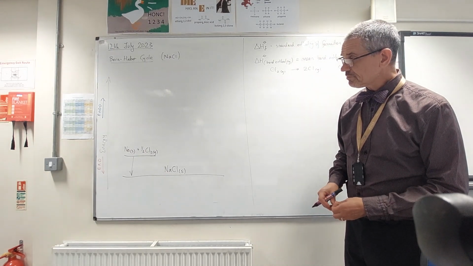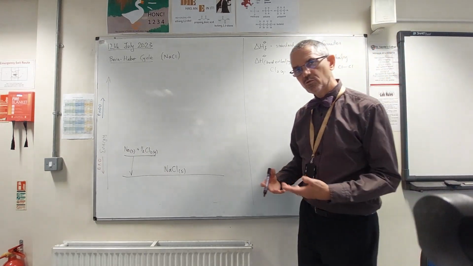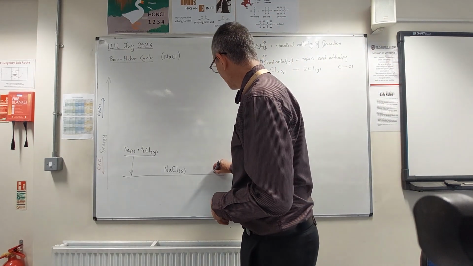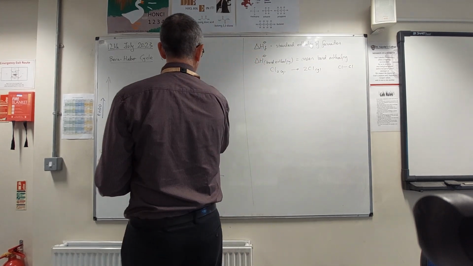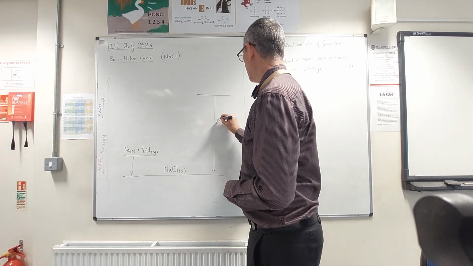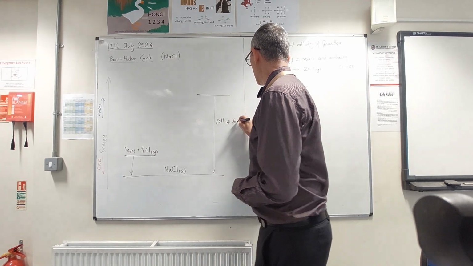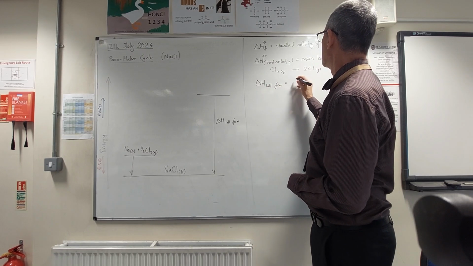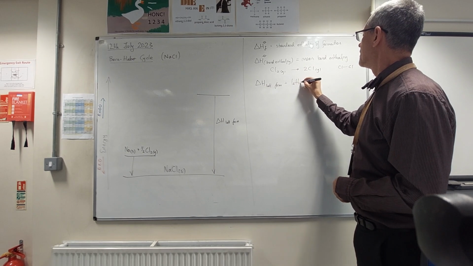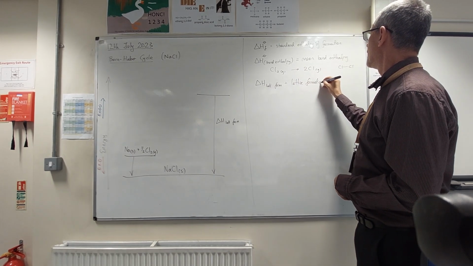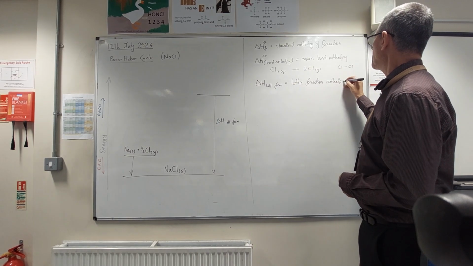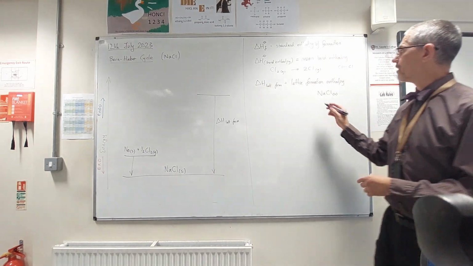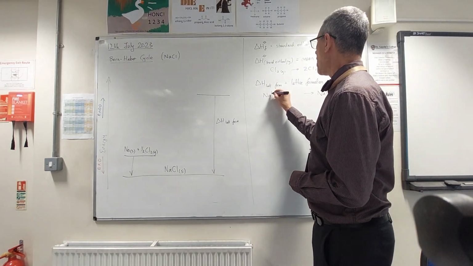Okay. Now, there's another way of making sodium chloride that I'm interested in, and we'll see how it becomes useful later, and that is the lattice formation enthalpy, which is the enthalpy change to make 1 mole of solid salt, but from gaseous ions.